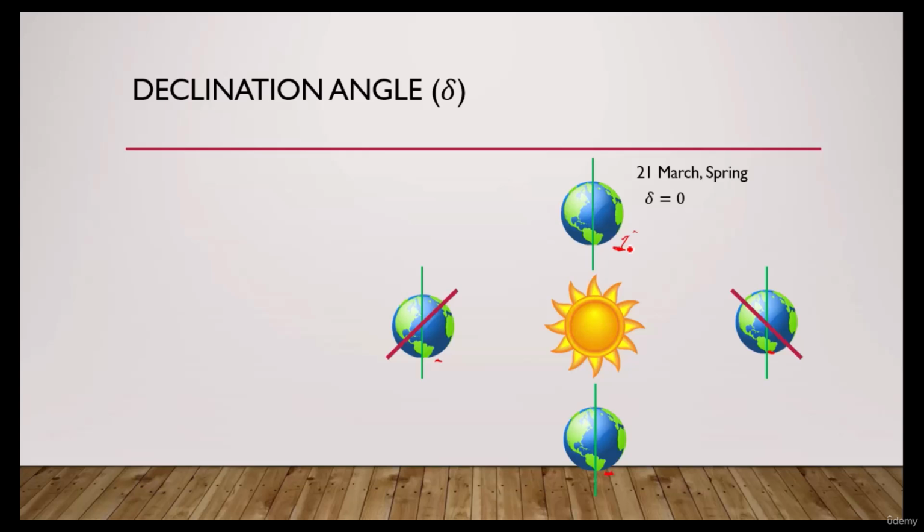At a declination angle equal to 0, the daytime is going to equal the night time, as the left side is going to be the same as the right side. So the right side of the Earth is going to have the same time as the left side of the Earth.